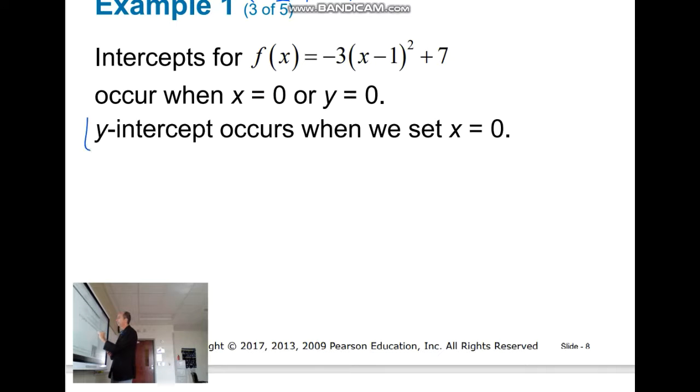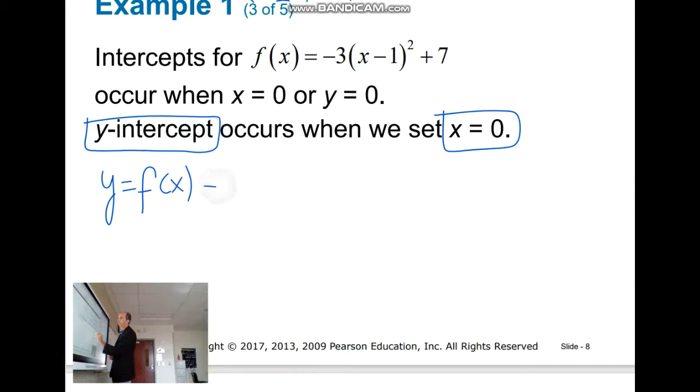So first, the y-intercept, where x equals 0. We plug 0 into the equation to find the y-intercept. The y-intercept equals f of 0, which is negative 3 times (0 minus 1) squared plus 7.